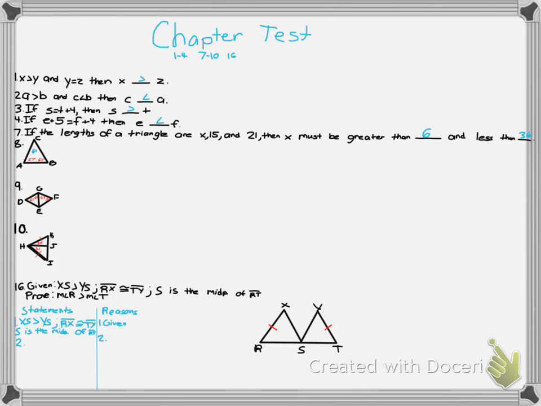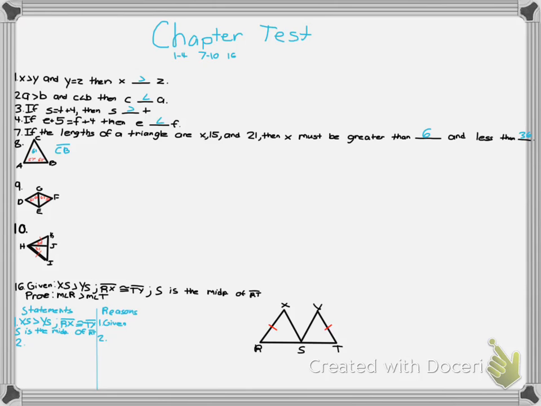We know that segment CB is the shortest because the side opposite the angle, the shortest side is opposite of the shortest angle.